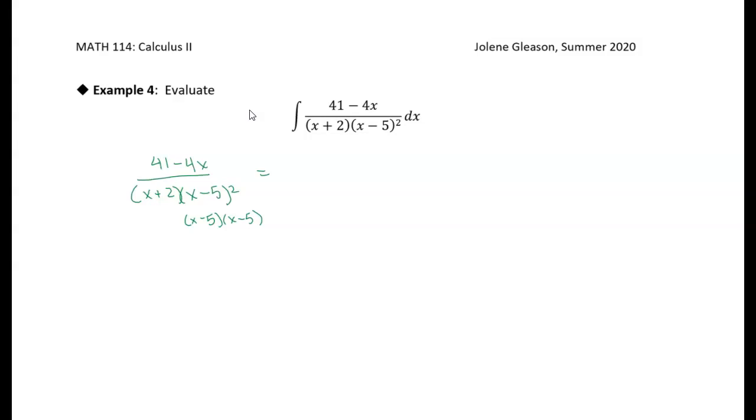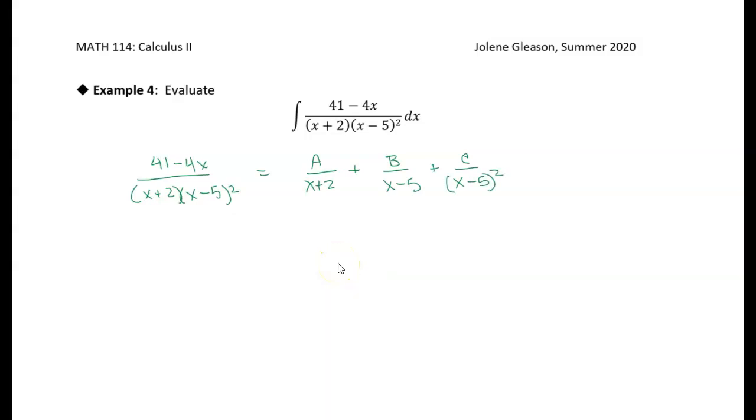And if you go back and look at that table, the first linear factor is distinct, so we're going to write that as A over x plus 2. But the second linear factor, this repeated linear factor, we need to break up into B over x minus 5 plus C over x minus 5 squared.